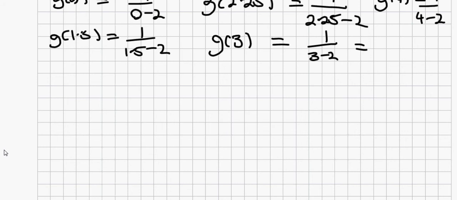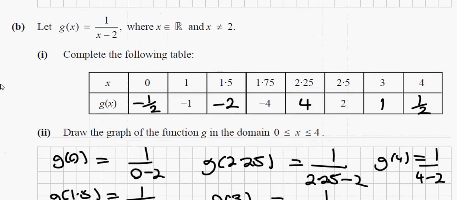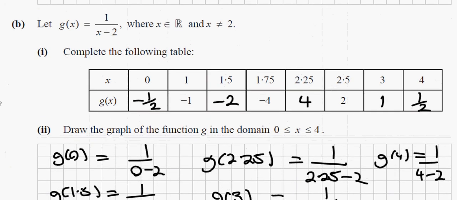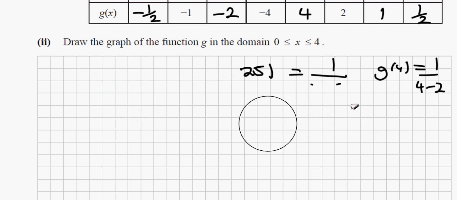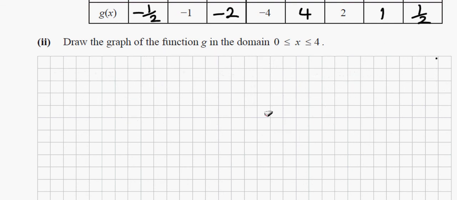Now, draw the graph of the function in the domain. So we've got to draw this graph now. In order to draw this graph, we have to get the x values and the y values. Let's find the points to do this.